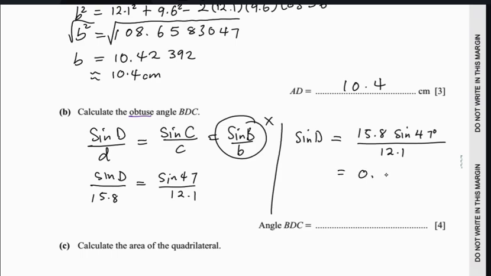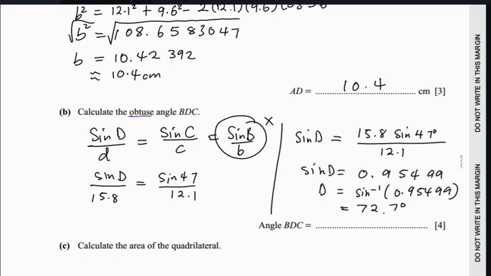We're getting 0.95499. This is sine d, which means d is equal to arc sine of 0.95499. So I'm taking arc sine of the answer, and I'm getting 72.74 degrees, which is 72.7 degrees. Now the question said the obtuse angle.